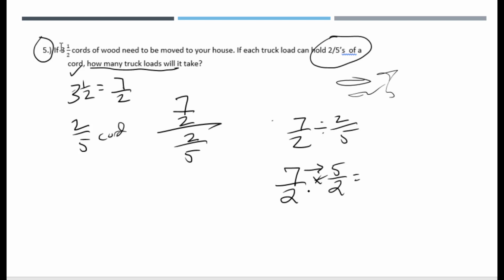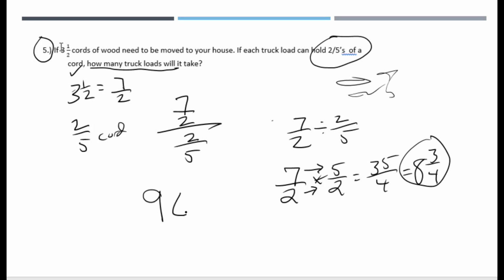Which multiplying is simple, straight across, 35 over 4, which is 8 3/4. You can't make 3/4 of a trip and stop, so it's going to take 9 trips with your truck to move this much wood, taking 2/5 of a cord at a time.